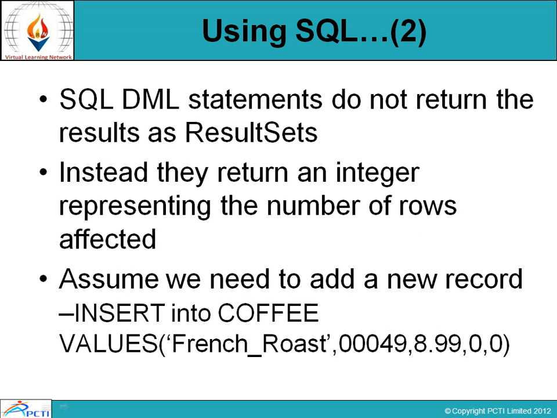SQL DML statements do not return results as a result set. DML means data manipulation language, which contains queries that manipulate the database. DML statements cannot return any result set; only the select query returns a result set.